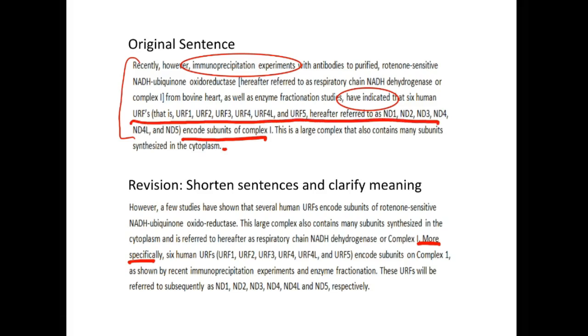And I actually took this part out, so I just focused on the 6 human URFs, and they encode subunits of complex 1, as shown by recent immunoprecipitation experiments and enzyme fractionation. So I've taken information from this sentence and put it in here with the specific stuff on the 6 human URFs. And then at the end, I added "these URFs will be referred to subsequently as," and then I tell my reader it's going to be ND1, ND2, and so on respectively.